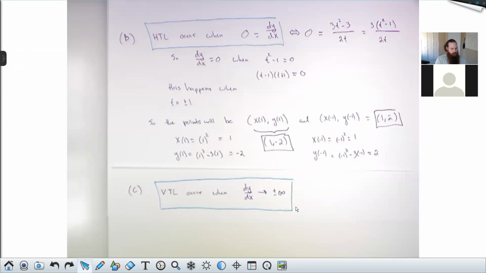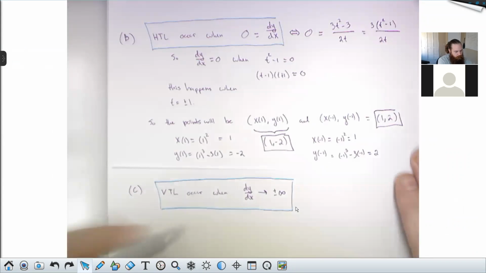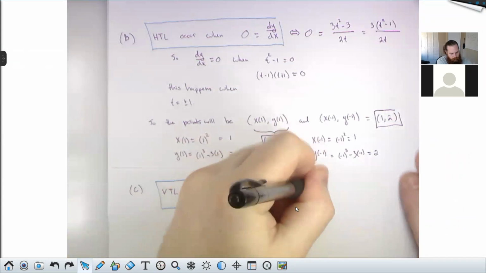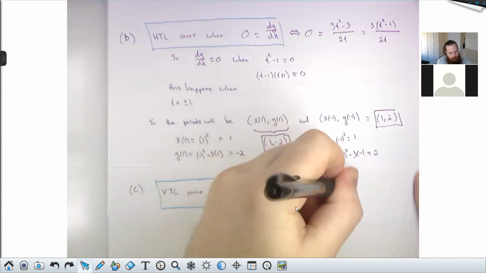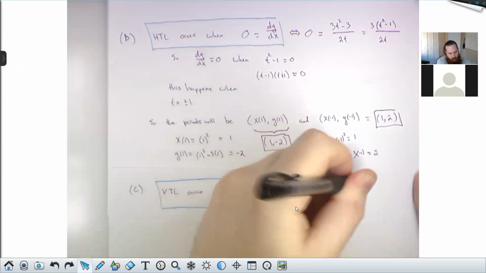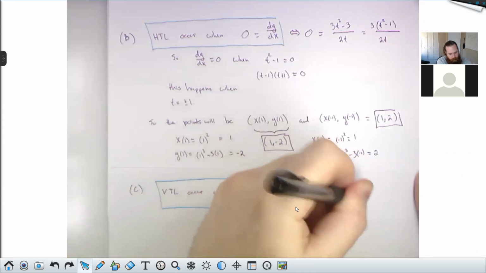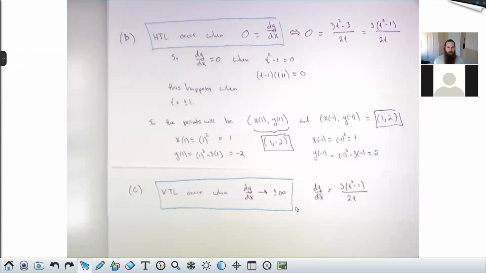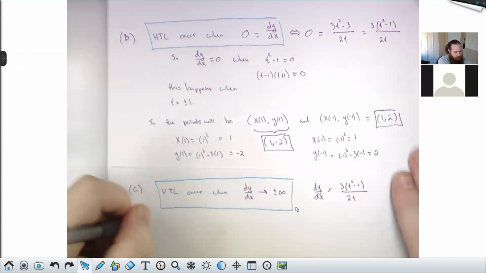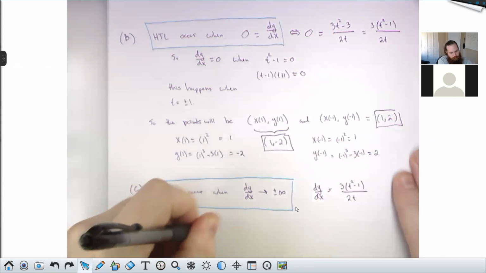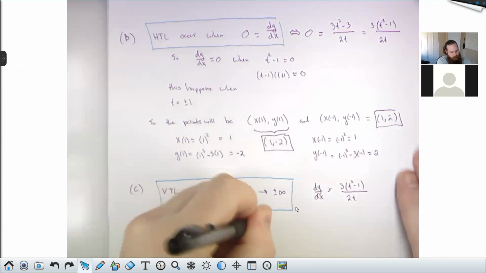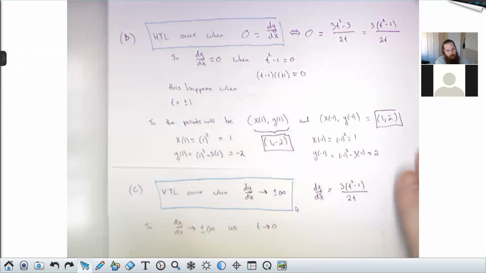Alrighty, so let's take my dy dx here. That's still what it was before. It's 3 times t squared minus 1 over 2t. So this thing will tend to plus or minus infinity as t tends to 0.